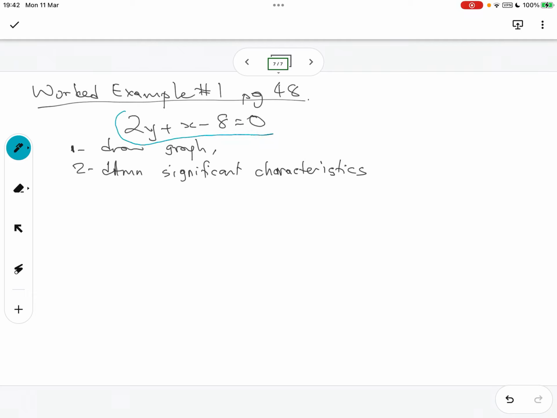It's 2y plus x minus 8 is 0, right? We can write this as a straight line to start with. So step 1, we must write this equation as a straight line equation of the form y equals mx plus c, right?